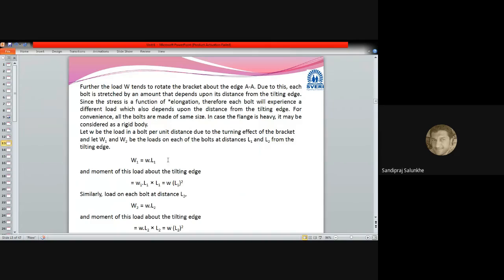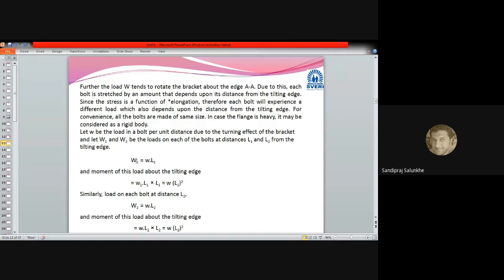Now, if we calculate W1, that will be the load which is acting at a distance L1. That will be the intensity multiplied by length.